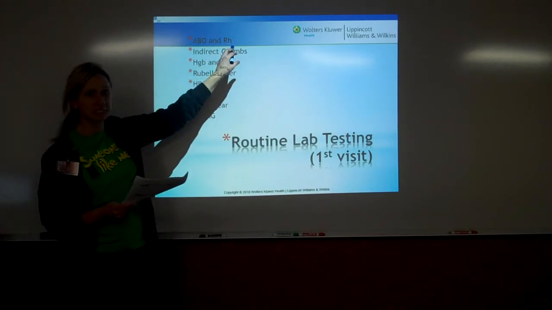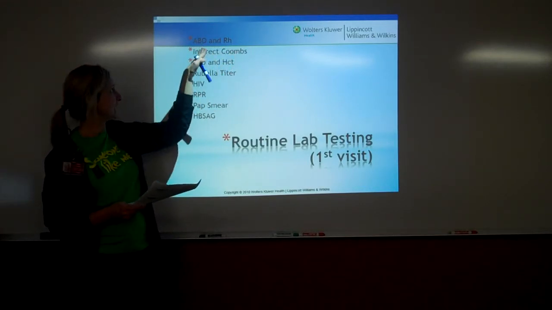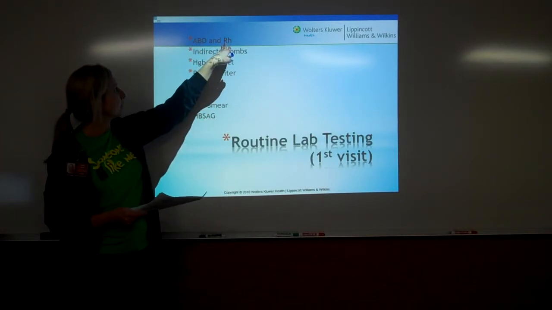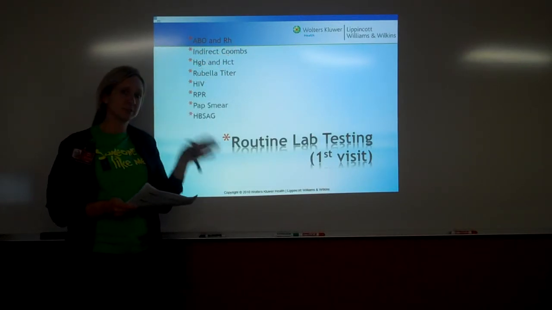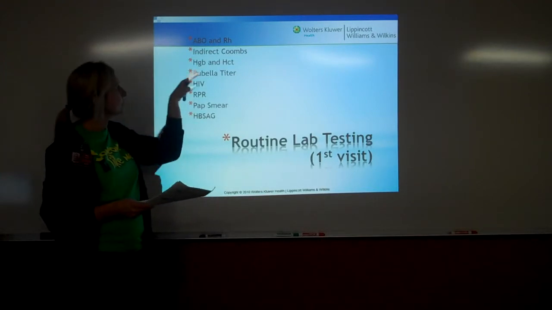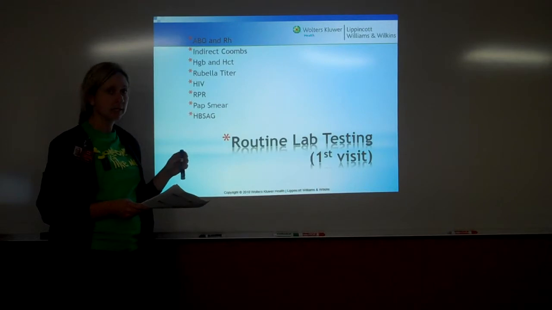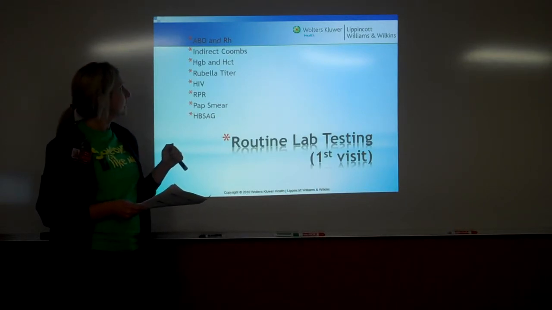If a mom is Rh negative, so their blood type is either A, B, O, or AB, and their Rh factor is either positive or negative, then they're going to receive RhoGAM during their pregnancy at around 28 weeks gestation. We'll talk about why a little bit later.